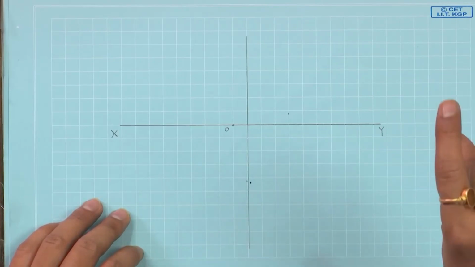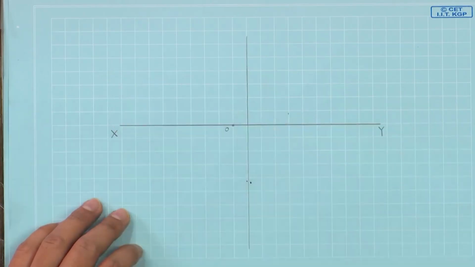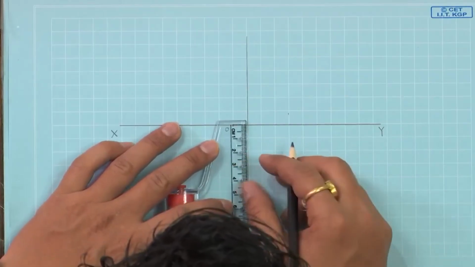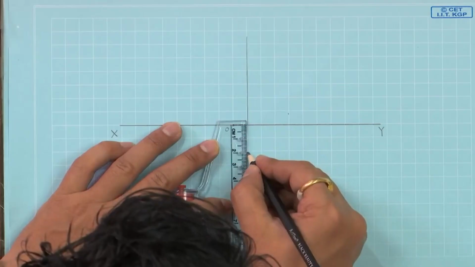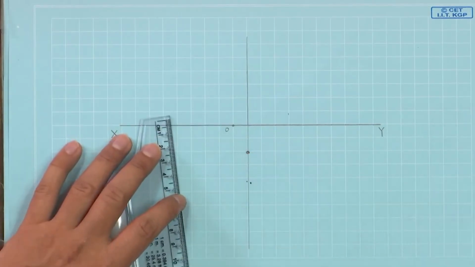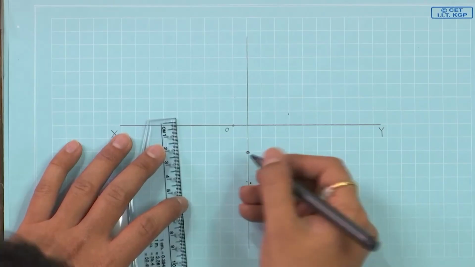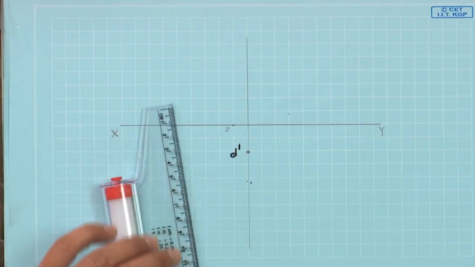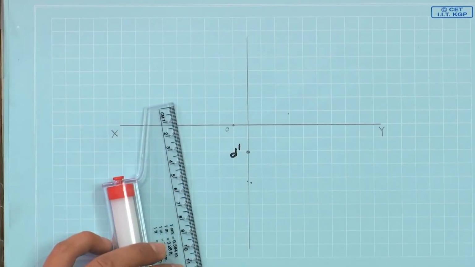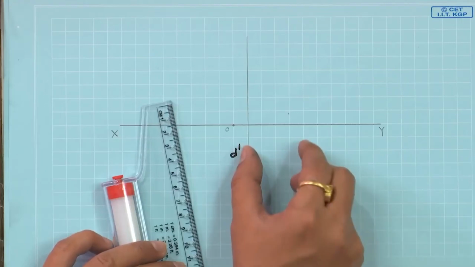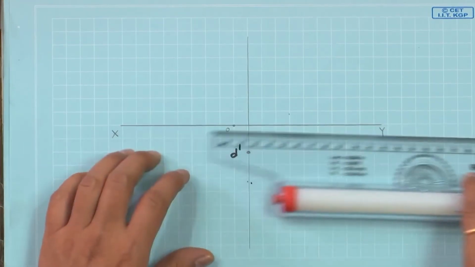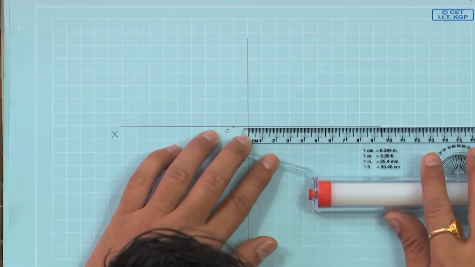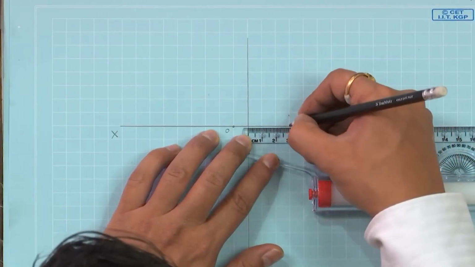That means, if we are projecting that 20 mm onto the vertical plane, at a 20 mm distance we will mark this front view. So, 20 mm. So, this is the point where we will have D dash, because it is a projection, and this point is 30 mm in front of VP. So, 30 mm project. Somewhere there.